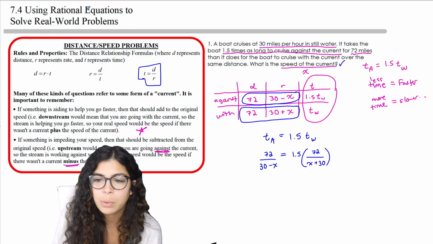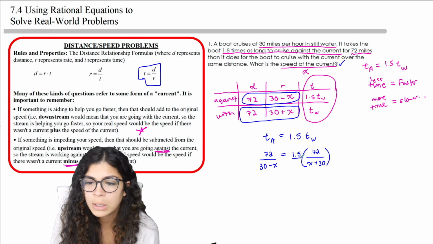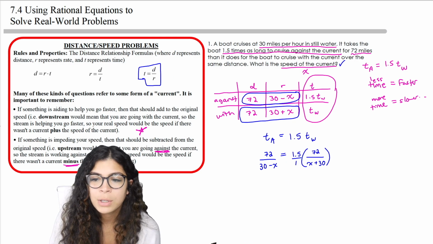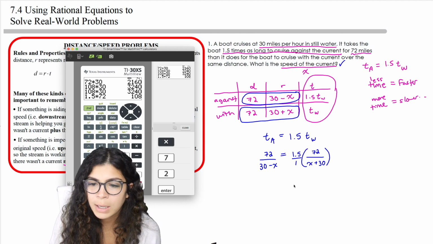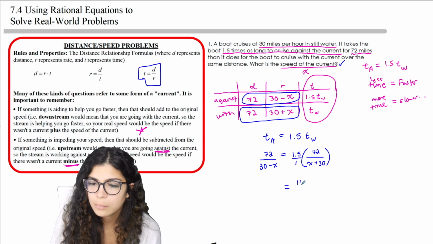Technically 1.5 is 1.5 over 1, so you multiply 1.5 to the numerator only. So 1.5 times 72 is 108, and then the denominator x plus 30 stays the same. The fraction on the left also stays the same.